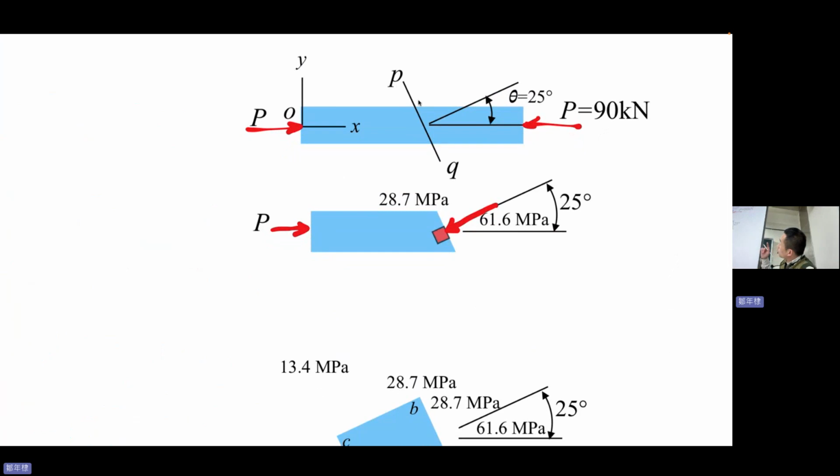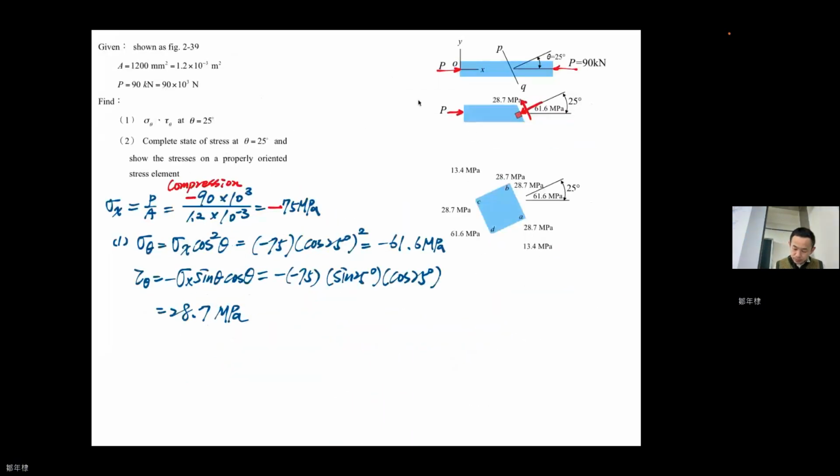Positive. So this is the positive x1 surface. So your positive shear must go that way, the positive y1 direction. Okay, so need to be really careful. I hope you can understand what I'm talking about.